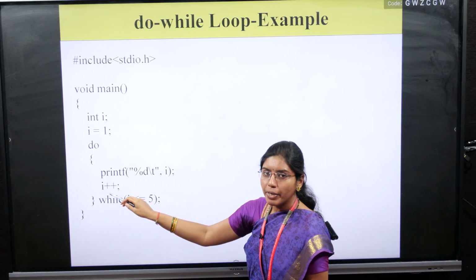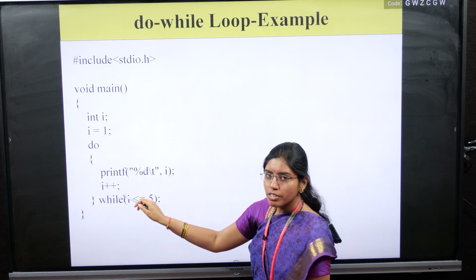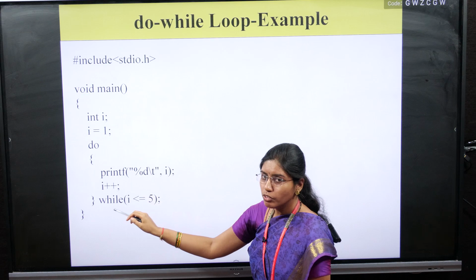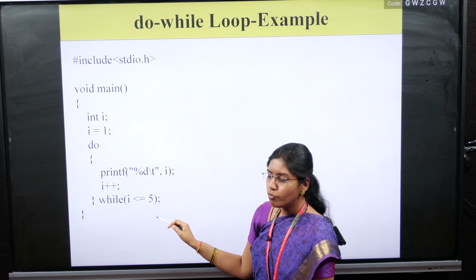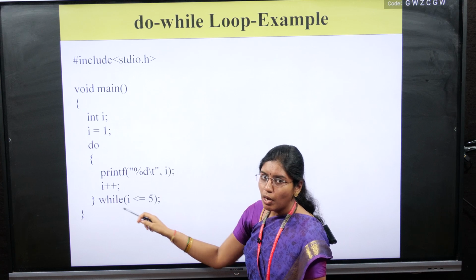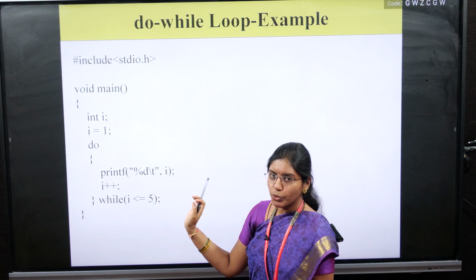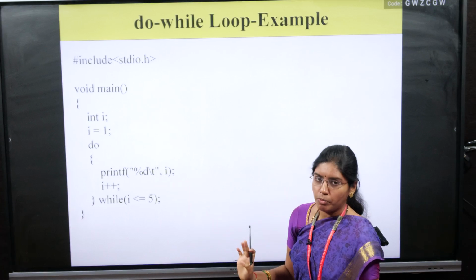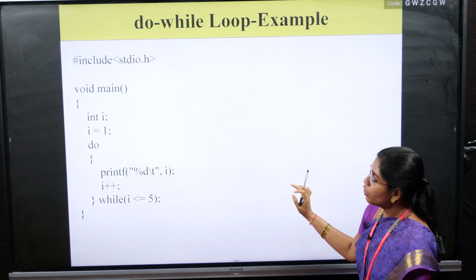This is for updating the counter. Once the statements are executed, at the exit level your condition is checked, that is while i less than or equal to 5. If the condition is true, again the set of statements will be executed repeatedly. If the condition is false, then it is going to stop. So this is the example of your do while.